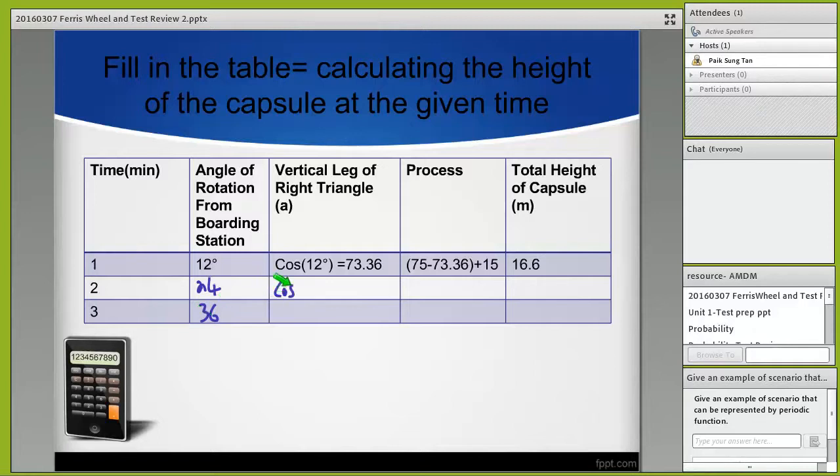Then the same way to get the rest is cosine of 24 degrees, and then you use the same process.